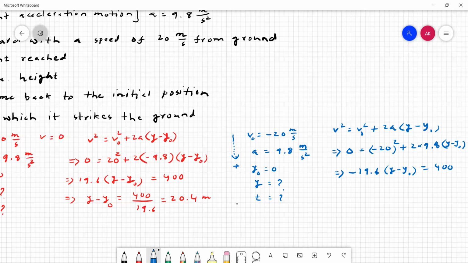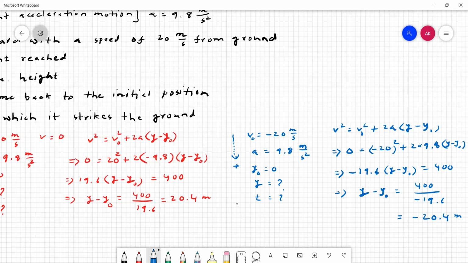Negative 20 squared gives you a positive number. Then we find y minus y naught, which is 400 divided by negative 19.6, and you're going to get negative 20.4 meters.